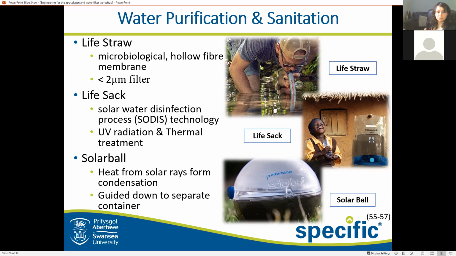How this works is sunlight goes in and heats up the dirty water, and this leads to the water forming condensation on the roof of the ball, which is then guided down a spout via an internal gutter system that runs along its diameter and then collects clean water where the contaminants are left behind in the other chamber. This ball is capable, apparently, of producing up to 3 litres of drinkable water per day, which is really impressive.